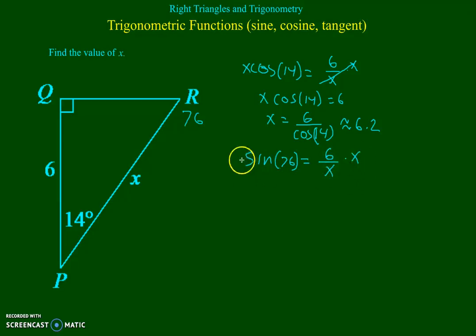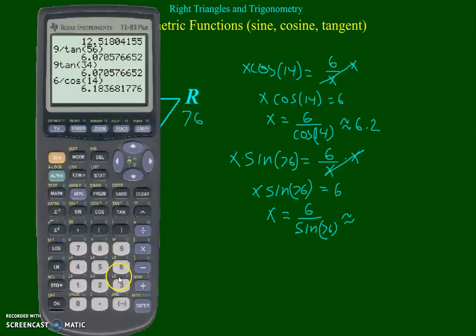Multiply both sides by x. X sine 76 equals 6. Divide by sine 76. X equals 6 over sine 76. And that's going to be approximately equal to 6 divided by sine 76. The exact same value, 6.2.